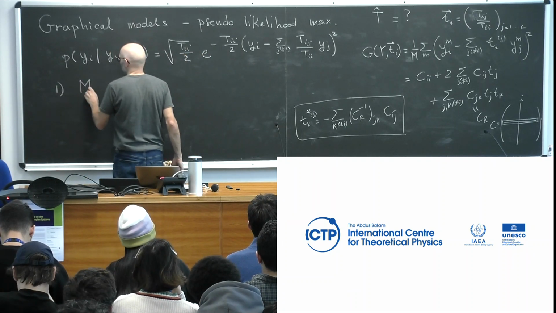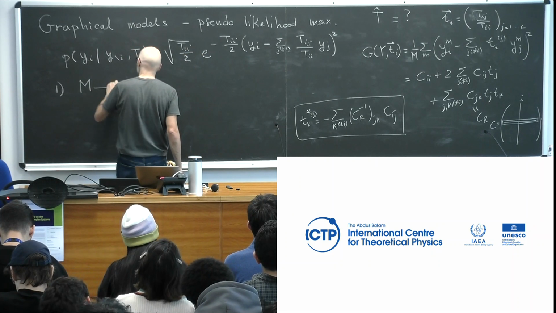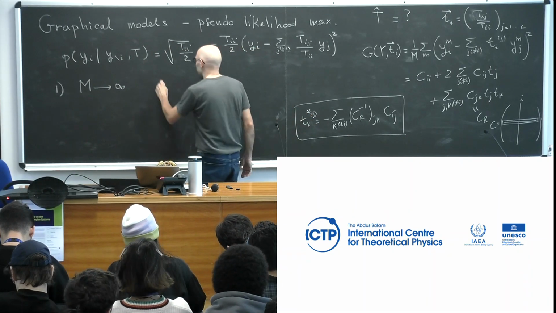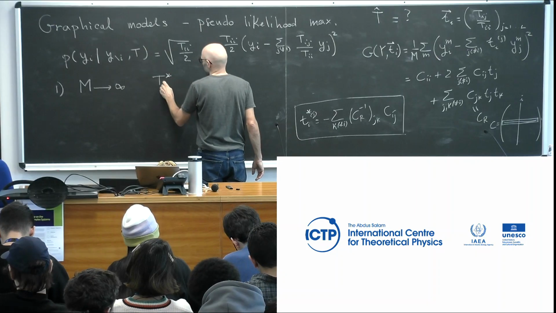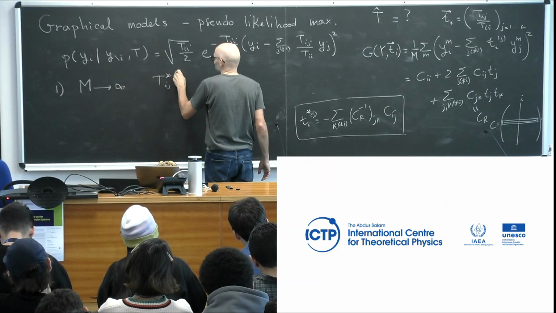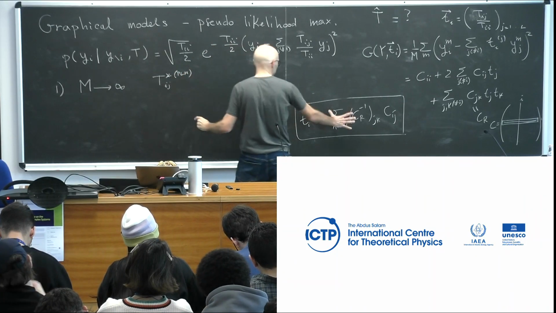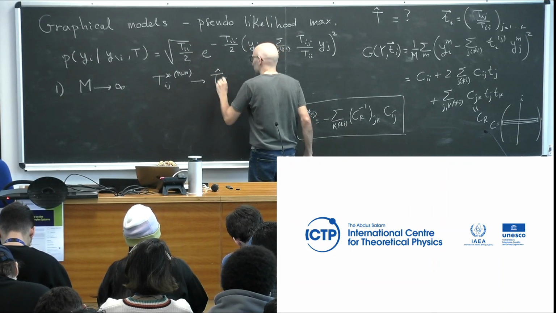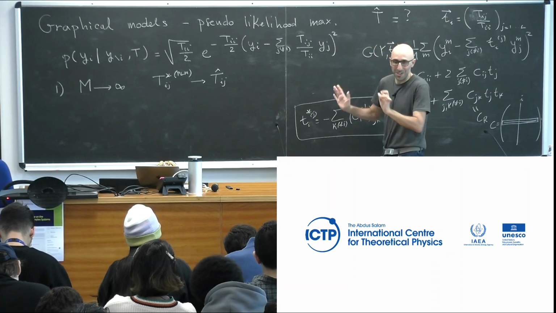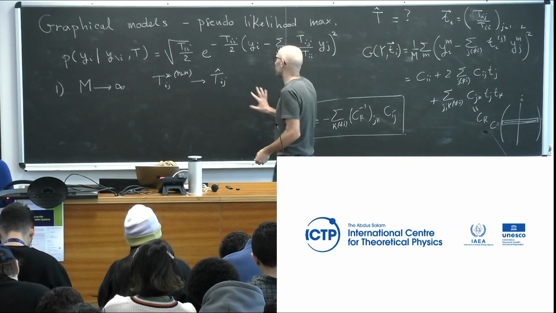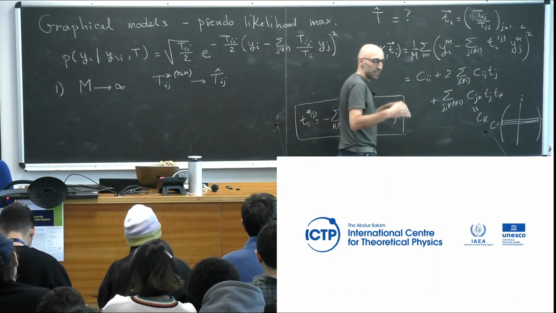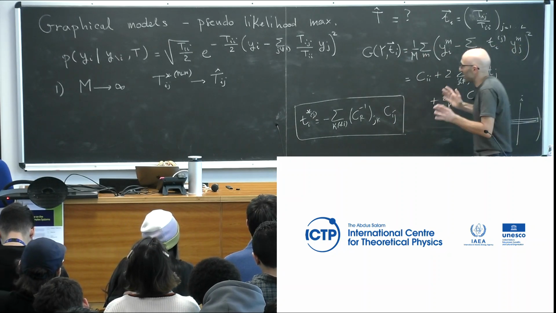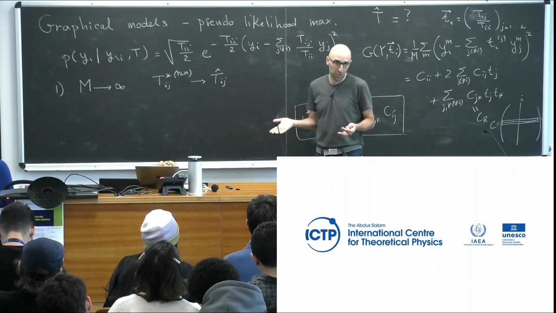Okay, the important results are the following. First of all, when m goes to infinity, you can prove from this that T star_ij that you get from pseudo-likelihood maximization converges to the true T, which is not trivial, because here you are doing a maximization on each line separately, and it's not guaranteed that it should converge to the ground truth.